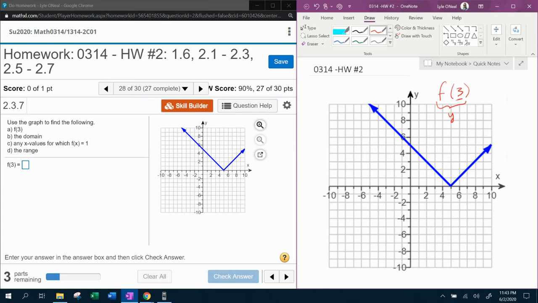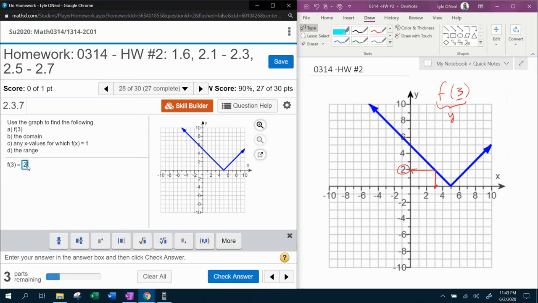So we're going to go to where x is 3 right here. We're going to go up till we hit the graph, and we're going to go over to see how high. The y is how high. When x is 3, how high? That's the y. And so that's going to be 2.